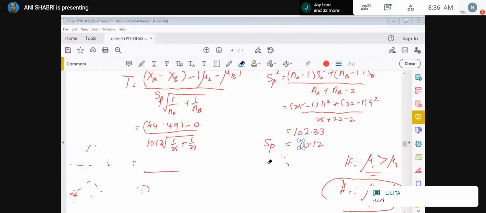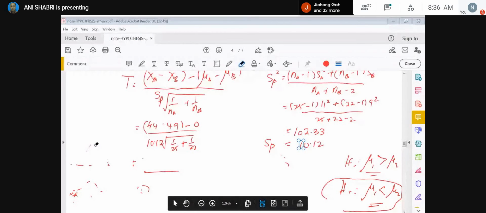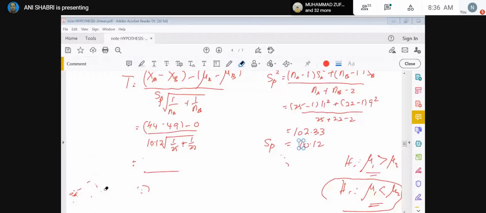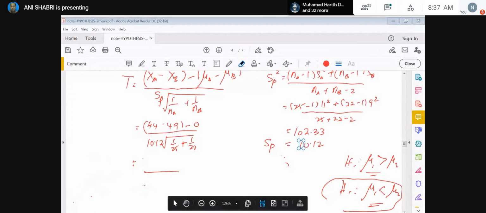Okay, berapa nilai ini? Okay, negative 1.69.